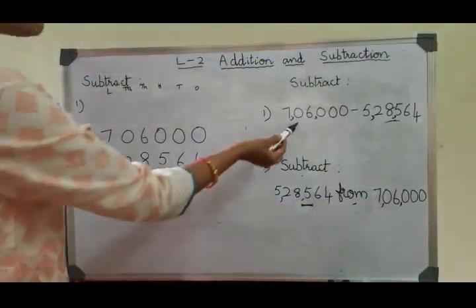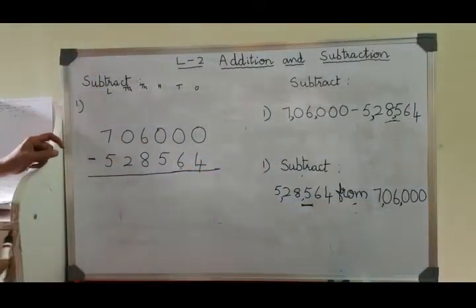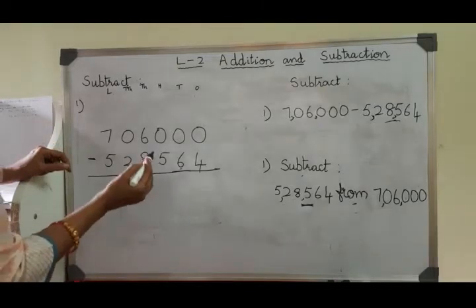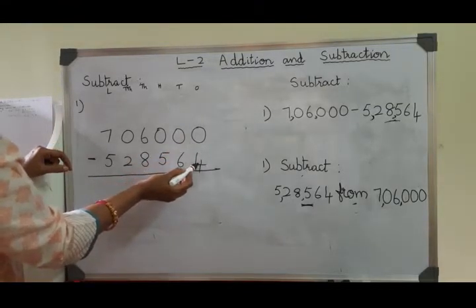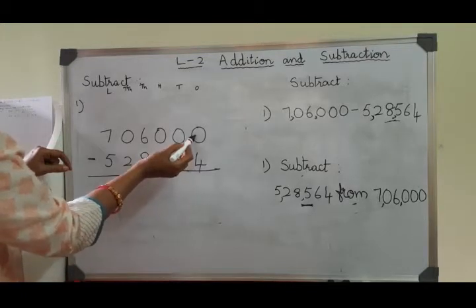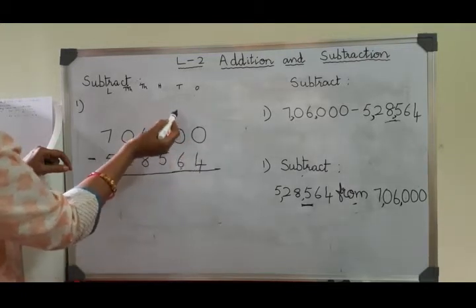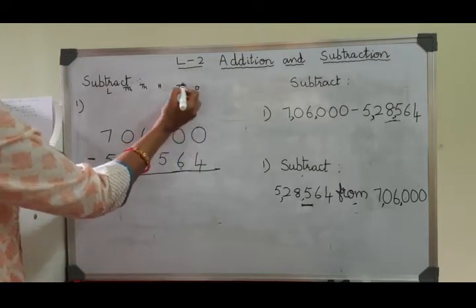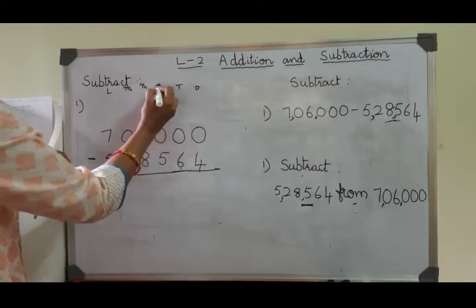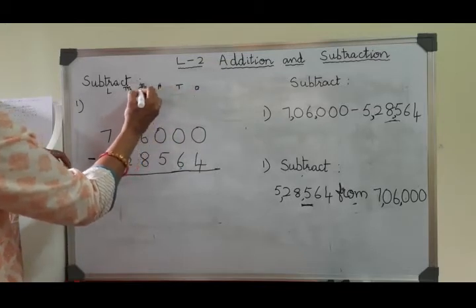The meaning is the same. Now we will subtract the numbers. We will learn to subtract. See that we will write the places. Now it is ones place, it is tens place, it is hundreds place.